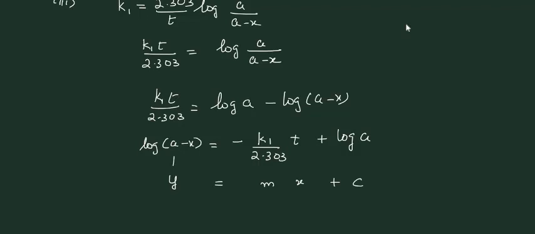When you plot log A minus x in the y-axis and time in the x-axis, you will get minus k by 2.303 as the slope, and log A is the y-intercept.